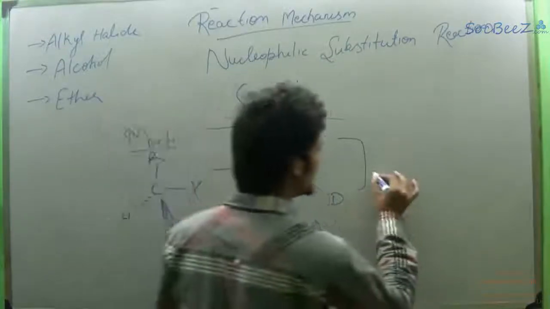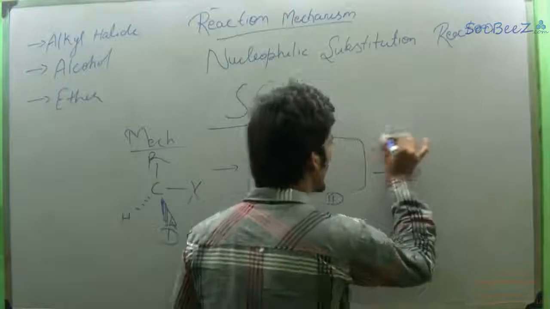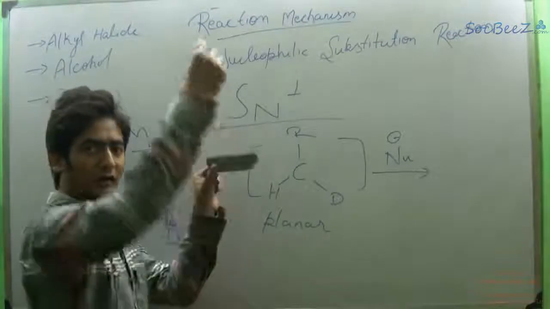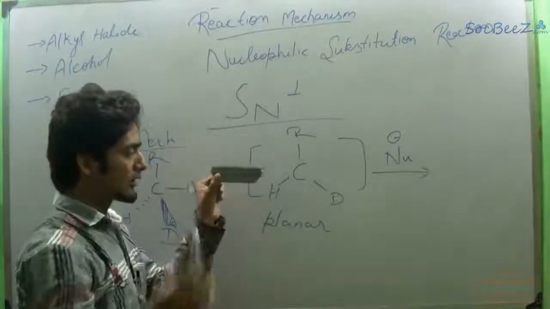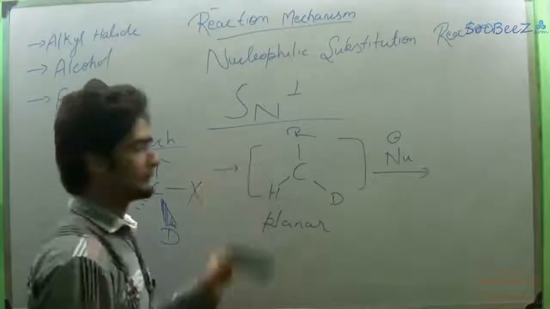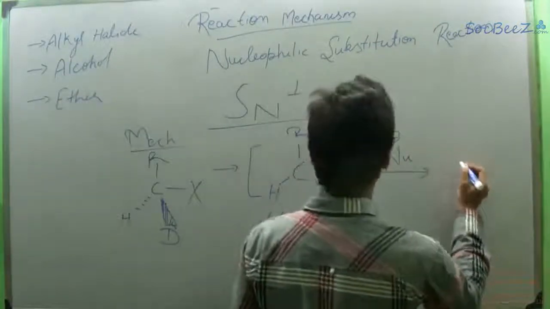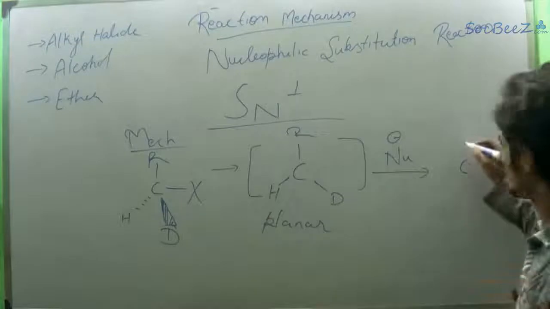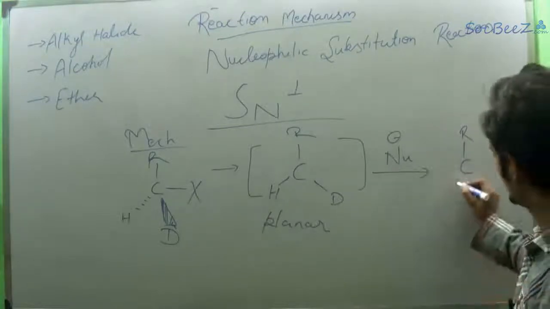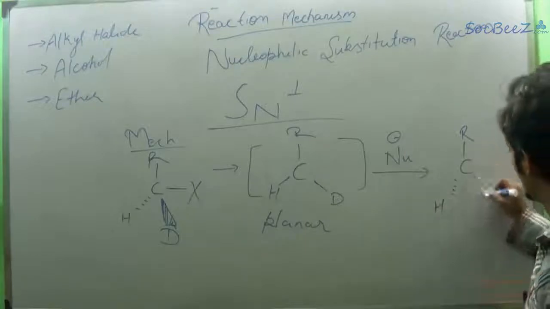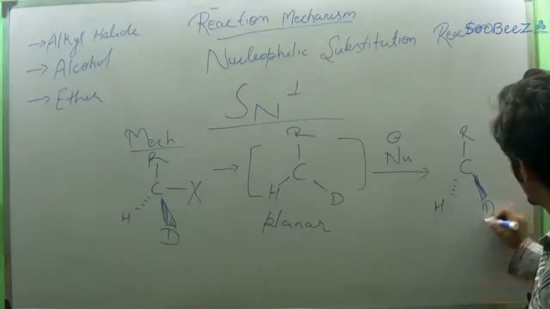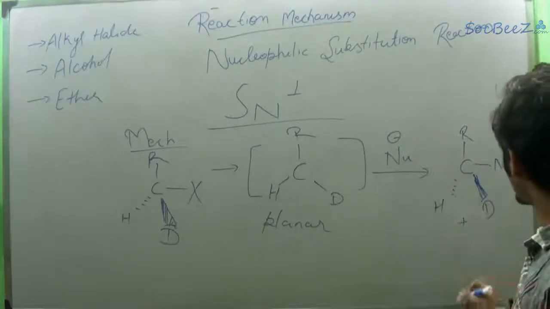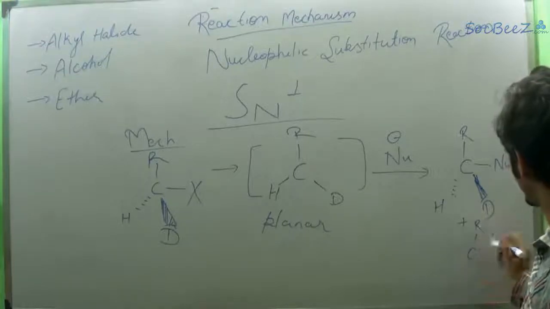That is, the incoming nucleophile can attack on either of its faces. For example, if it's a planar molecule, the nucleophile can attack from upside, or it can attack from down. So, it will give us two corresponding structures. The first one will be R, H, D, and the nucleophile will be on this side, or the nucleophile can be on the opposite side.